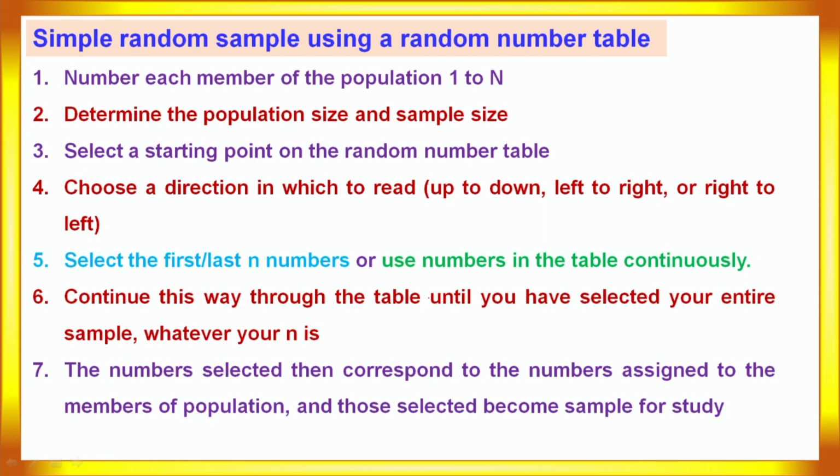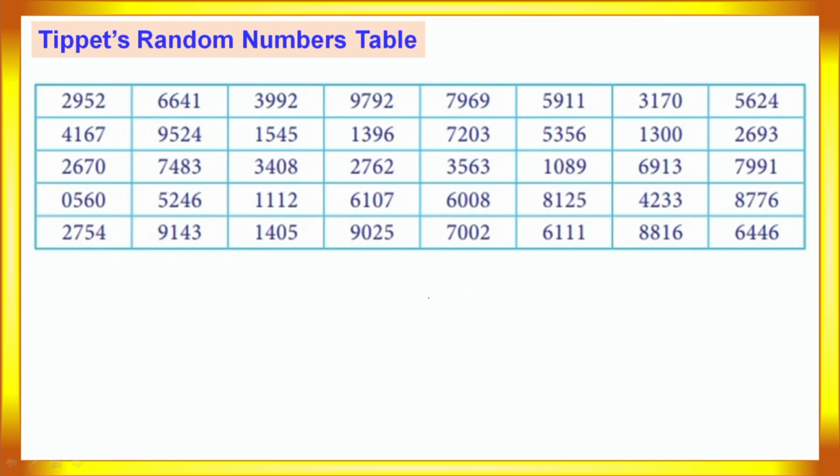So, just assume that for a particular study, the members are given identification numbers like 301, 302, 303, 304. Using Tippett's random number table, how are we going to select? If you are using the last two numbers of the Tippett table, like 52, first we will use the 52 number respondent.